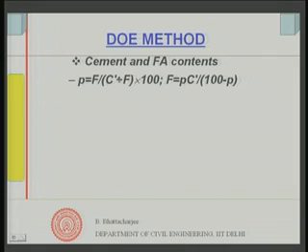So, F divided by C dash plus F is the percentage of fly ash, P representing the percentage of fly ash in total cementitious. Therefore, rearranging this expression, I can get an expression for F. F will be given as P multiplied by C dash divided by 100 minus P.